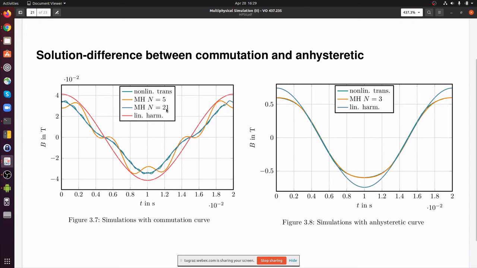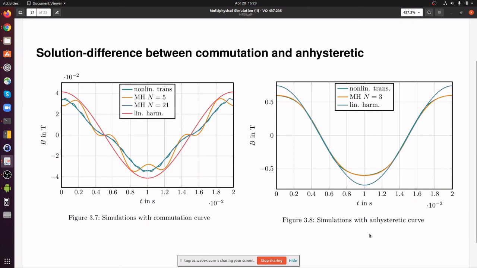So even if we're using 21 harmonics, we still see some oscillations which should not be there, but they occur simply because of the wrong material model. With the correct material model, so the anhysteretic curve, we already get a really good solution with only 3 harmonics. So you don't see much difference between the turquoise line and this orange curve here.